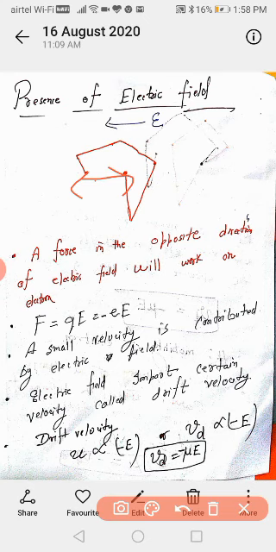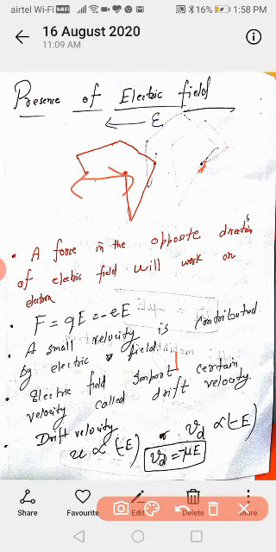You can see here the electric field imparts a certain velocity called the drift velocity, because under the influence of electric field, the electron drifts away. The thermal velocity is there, like this. The electron is like a system on which various forces are working.